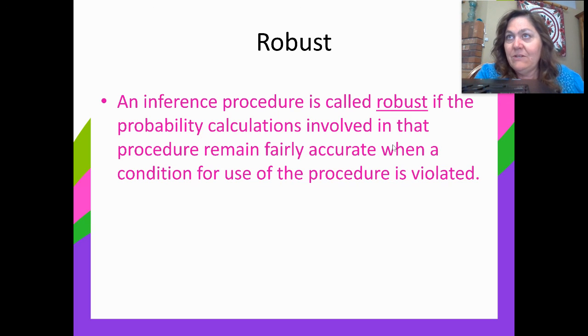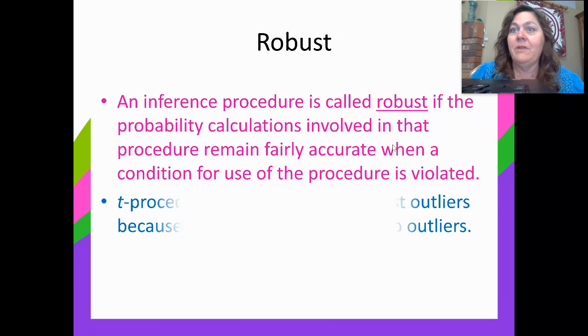So an inference procedure is called robust if the probability calculations involved in that procedure remain fairly accurate, even if one of the conditions is violated. Otherwise we'd have to proceed with caution.